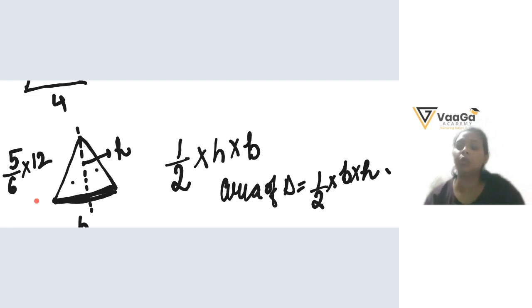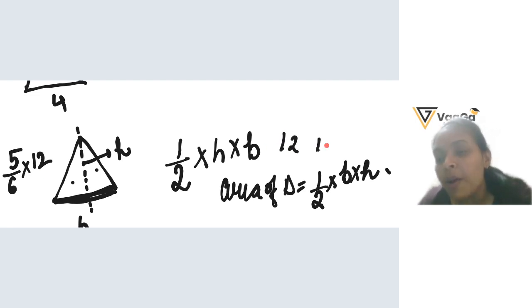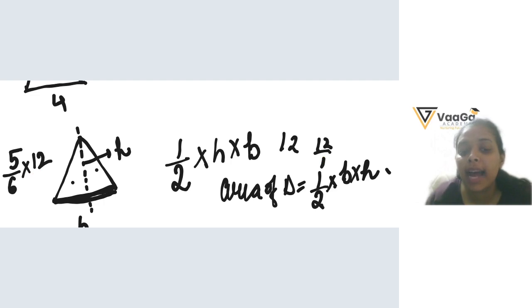No, beta, we don't multiply both the numbers with 12. See, 12 and 12 by 1 are the same thing. So instead of 12, you can consider this written as 12 by 1. Okay, so now when we multiply, I multiply 5 times 12 divided by 6 times 1.